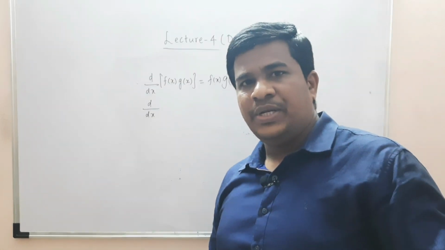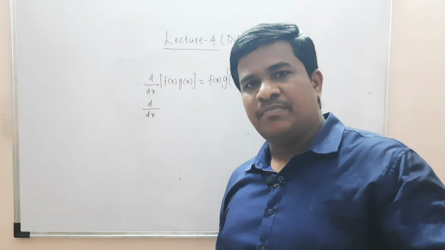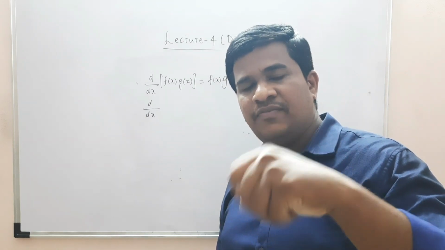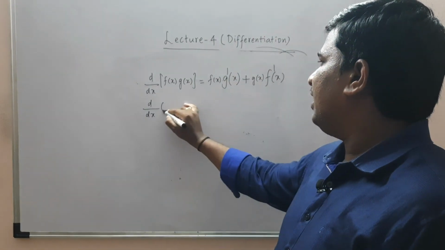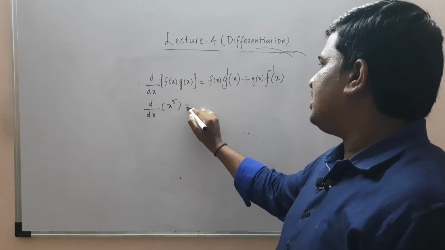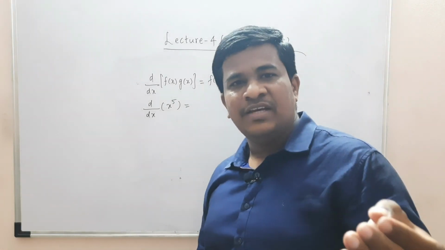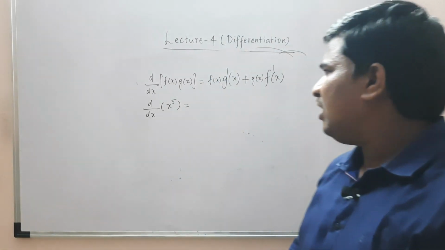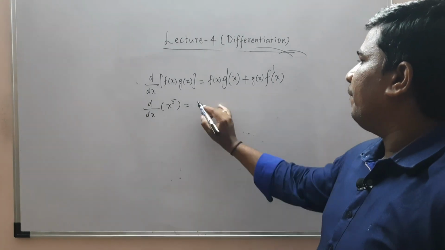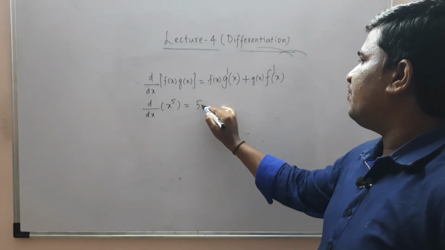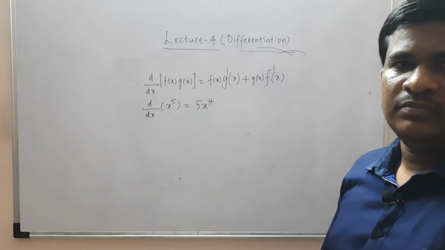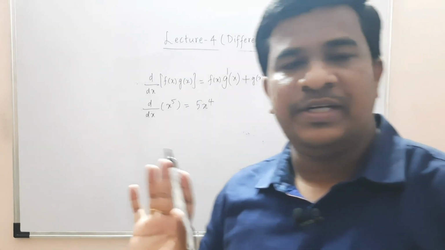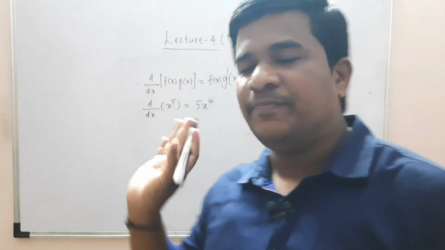We can go to some other examples as it is a very basic class. Let me take d by dx of x power 5. Whether it is true or not, let us check with a simple example. d by dx of x power 5, the moment you see it, it is 5x power 4. Fine.